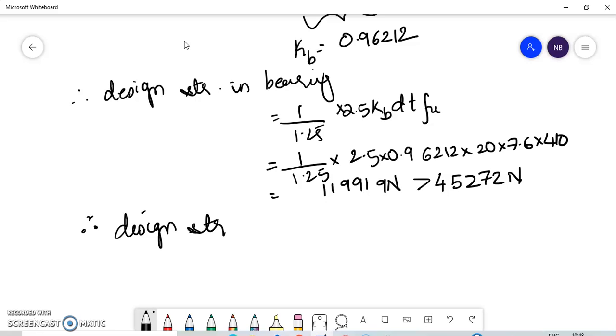Therefore, the design strength of a bolt should be the minimum of the two, and it is 45272. So shear is the governing criterion.